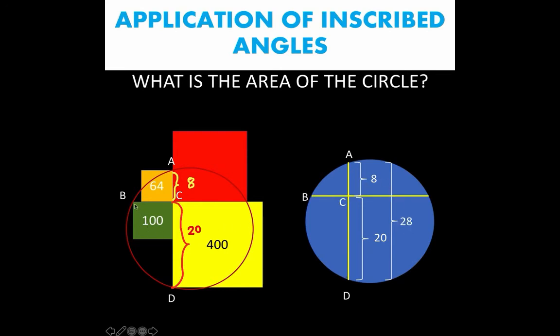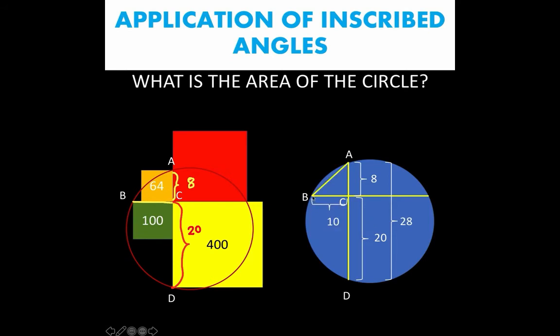Then let's look at this chord connecting point B to point C to another point on this circle. Since this green square is 100 square units, then we know that the length of segment BC would be the square root of 100, which is 10. So we now have this length of segment BC to be 10 units.